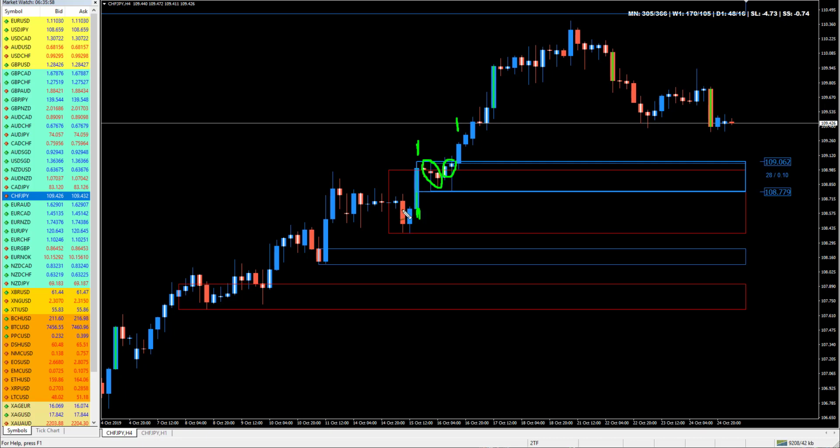This is the previously accepted area of value. And we have this one, which is leaving. Notice the price has not been back to this area since it was established. What does that mean? Well, that means that we have to now find the low of that candle and that would be an area that we might consider to trade.